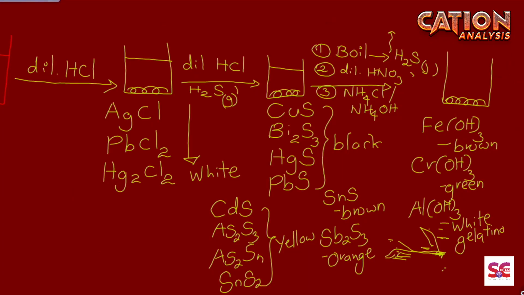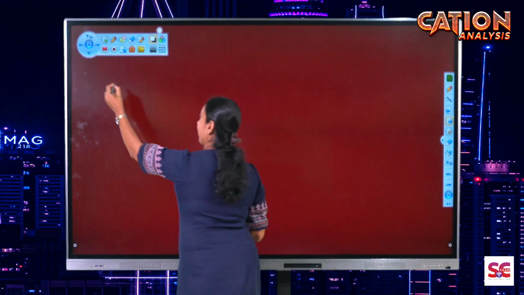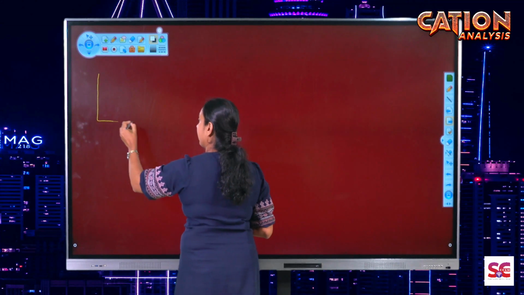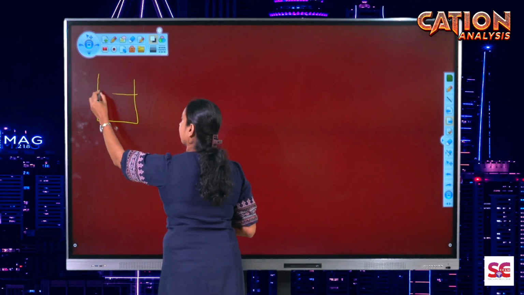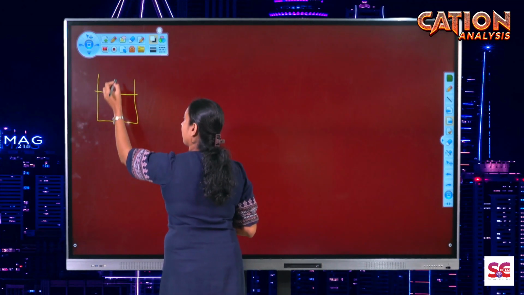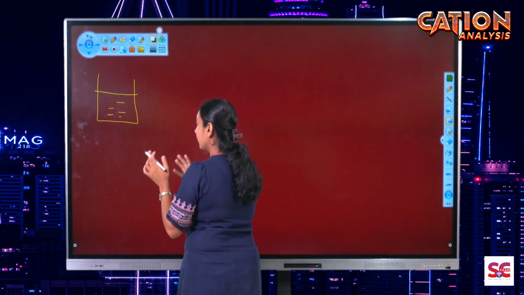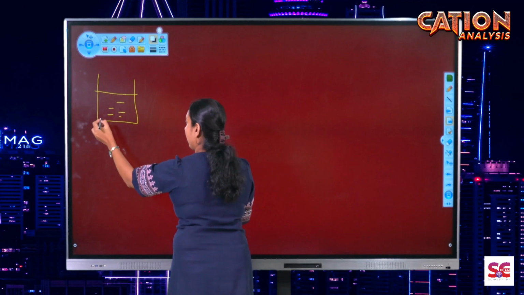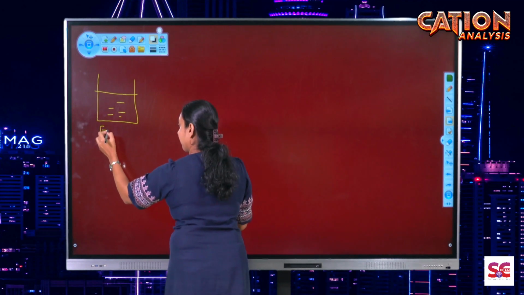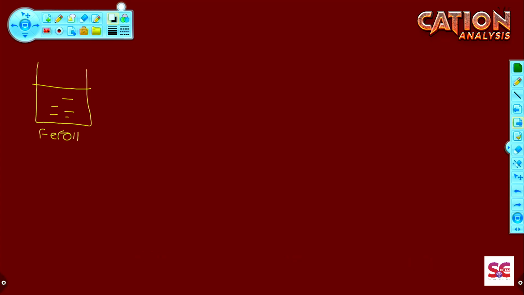Next page. From here, take the filtrate out, the filtrate taken from the ferric hydroxide, aluminium hydroxide and chromium hydroxide precipitates, right?